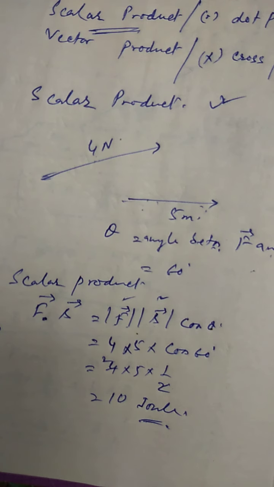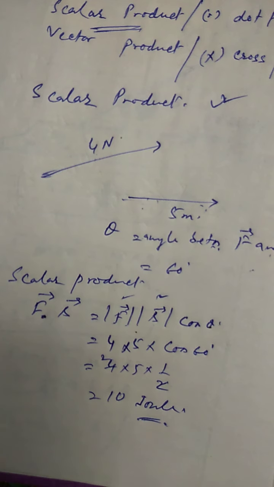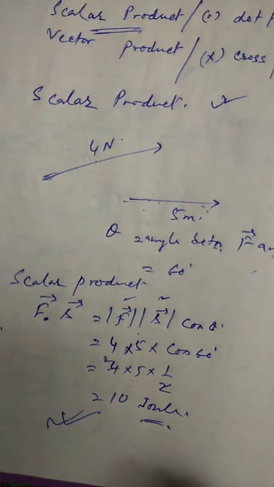You can take any other physical quantities and get their scalar product or dot product. This way we find the dot product of two different physical quantities. Okay, so let's do some other example also.